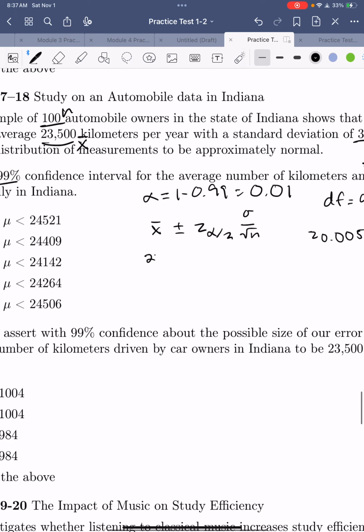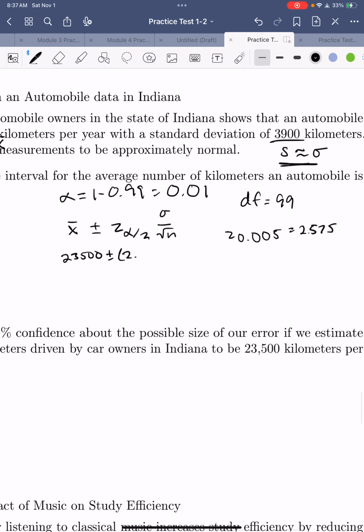So we have 23,500 plus or minus our 2.575 times our 3,900 divided by square root of 100. And let's just calculate that.